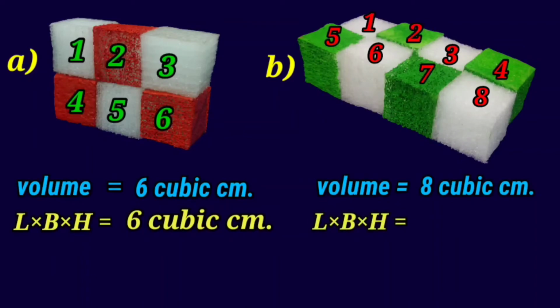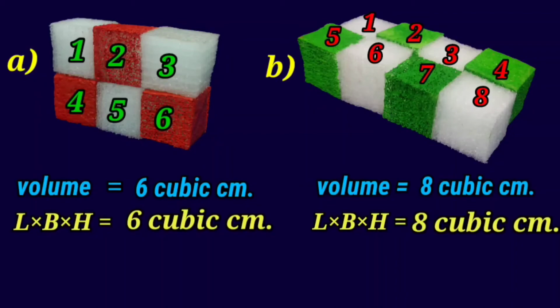Similarly, figure B has a length 4 centimeter, breadth 2 centimeter and height 1 centimeter, and the product of three sides is 8 cubic centimeter.